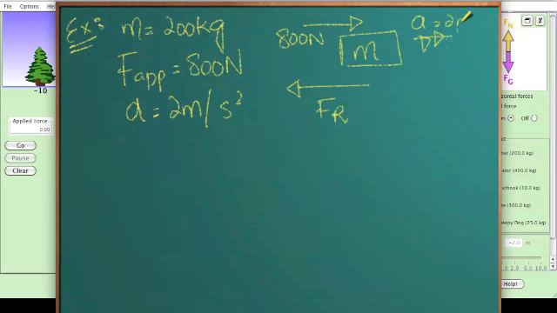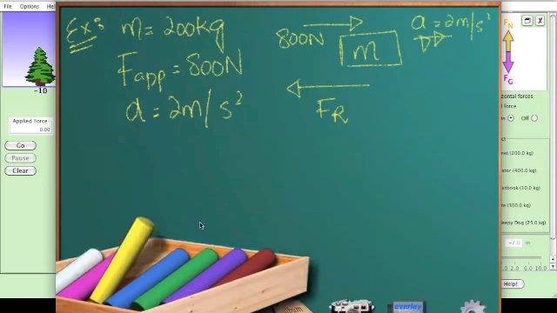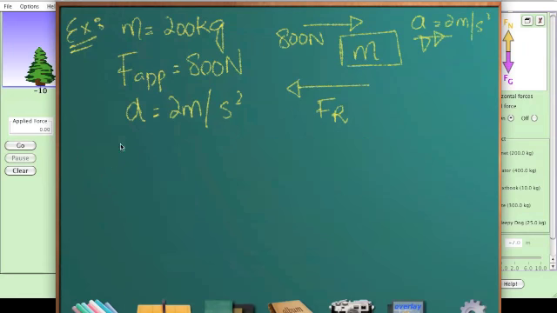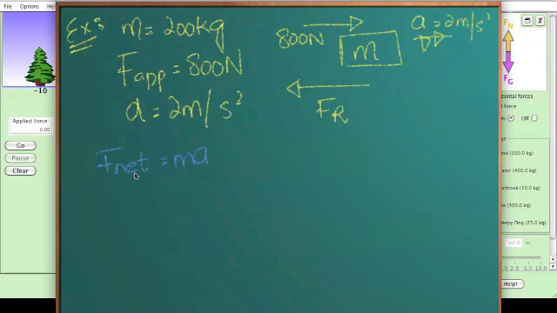So let's find out the friction force acting on this box so that we can use it later. For this we'll have to find F net equals m a. Let's take this side as positive and this side as negative. The applied force is in this direction, so this would be positive 800 minus the F_R in the opposite direction. We took this direction as the negative direction. Equals mass, which is 200, times acceleration, which is 2.